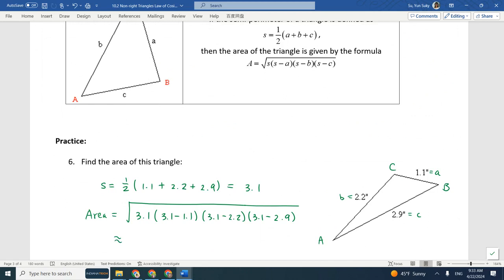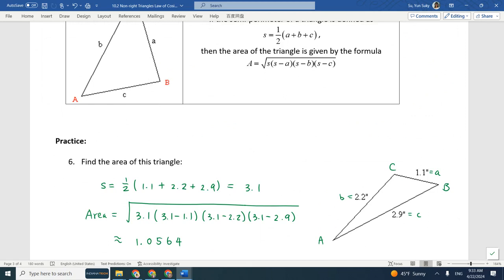Give me 4 decimal places. Try to type everything in one line. So what do you get? Oh, that's good. Let's keep 4 decimal places. 1.0564. Do you have the same answer, everybody?